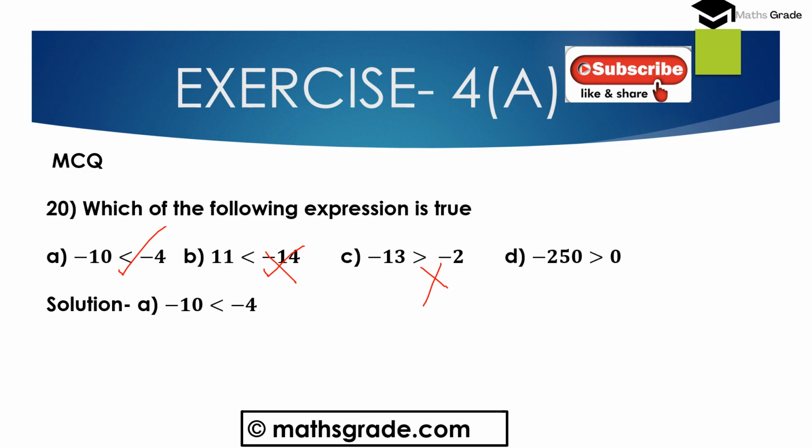And option D is minus 250 is greater than 0. We know 250 is greater than 0, but if we place the negative sign, we know a negative integer is always less than 0. So this is false. So option A is true. Minus 10 is less than minus 4.